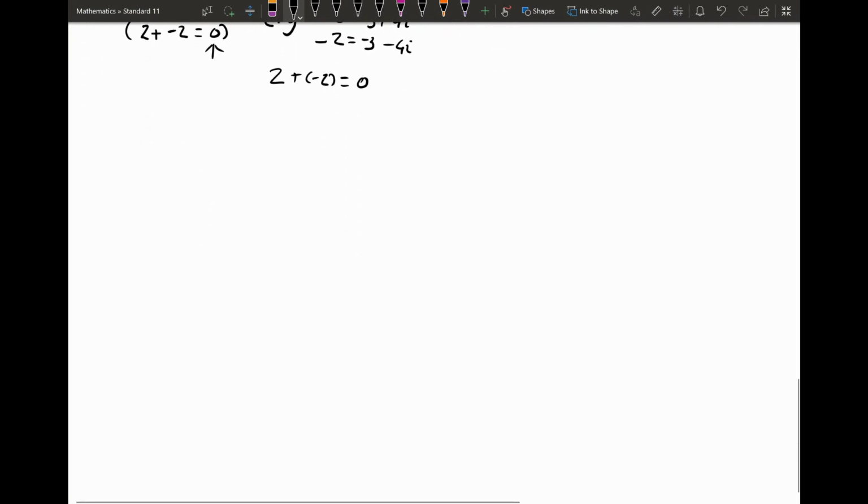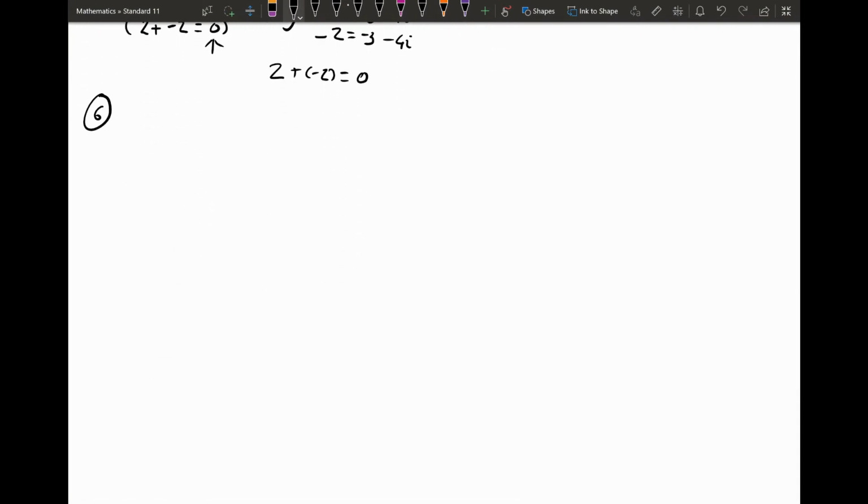Now we define the difference of complex numbers. Say z1 equals a1 plus ib1 and z2 equals a2 plus ib2, complex numbers.